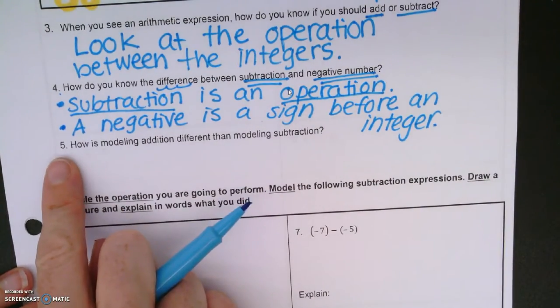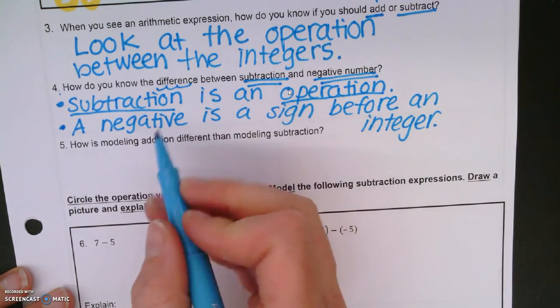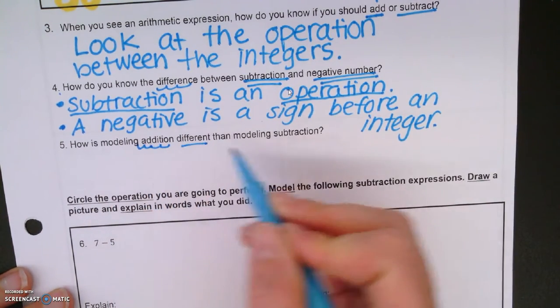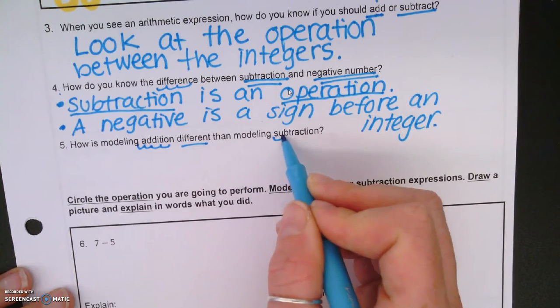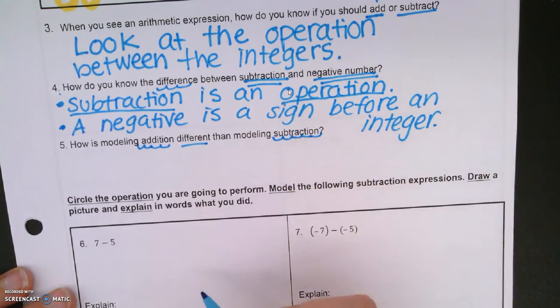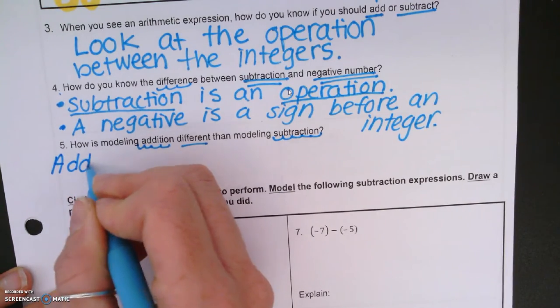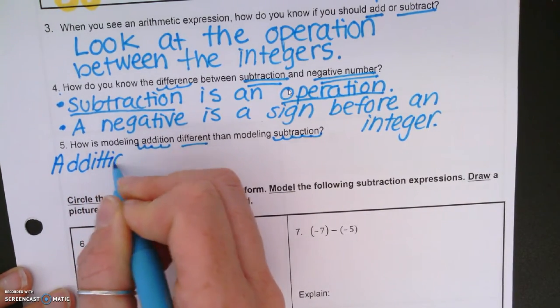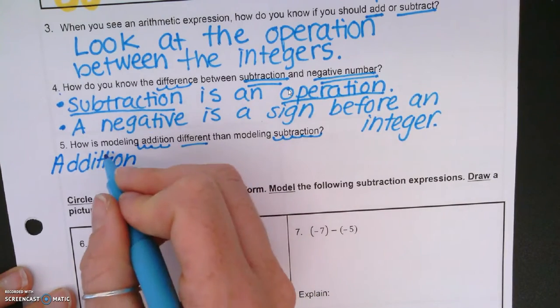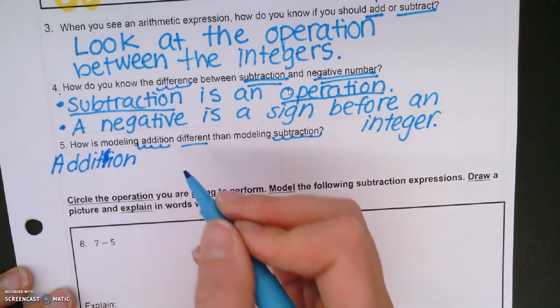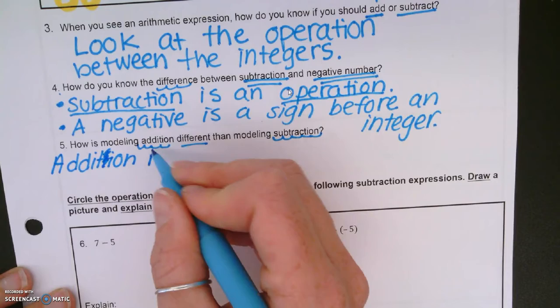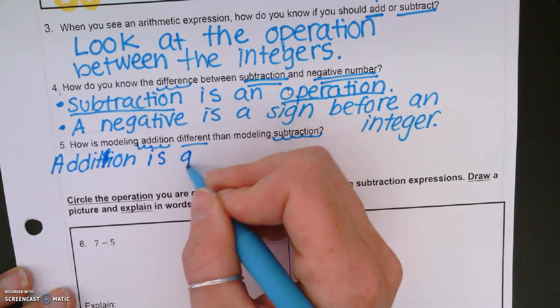Number 5. How is modeling addition different than modeling subtraction? Addition is what? Addition is getting rid of 0 pairs.